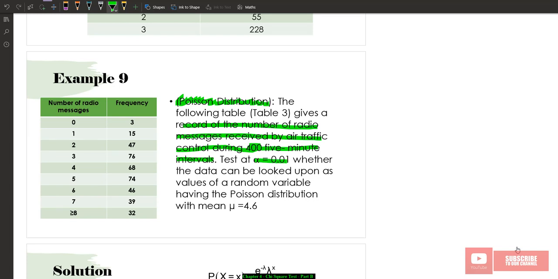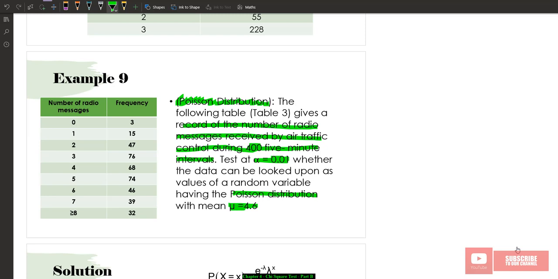Test at alpha 0.01 whether the data can be looked upon as values of a random variable having a Poisson distribution with mean equal to 4.6. So this is our mean, 4.6, for the Poisson distribution. We want to test whether this data follows a Poisson distribution.